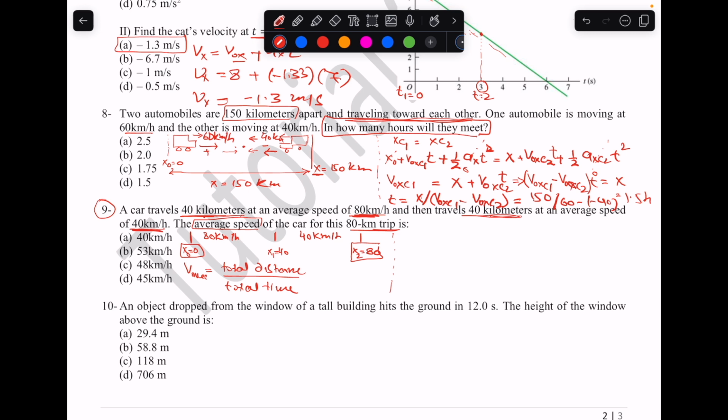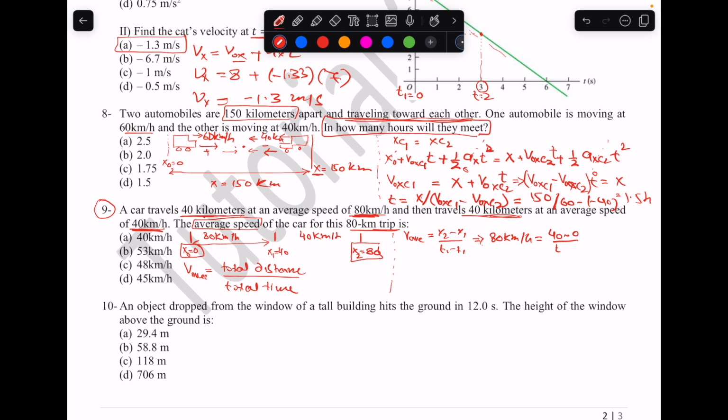If you are in this interval, from this position to this position, he traveled at 80 kilometers per hour. So V average is x2 minus x1 divided by t2 minus t1. Your x2 is 40 minus 0, you start from here, which is 0.